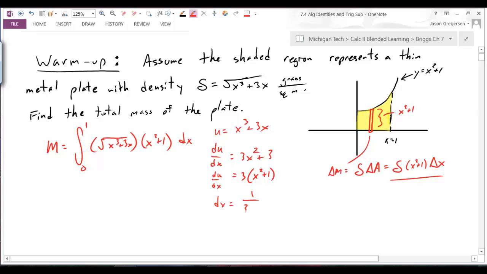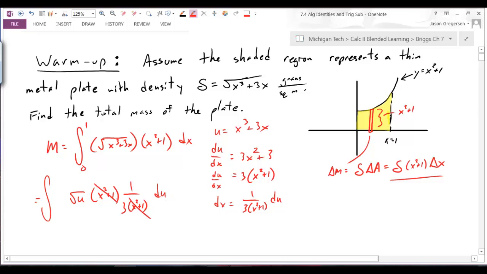I'll get 1 over 3 times x squared plus 1 times du. And I'm plugging all that into my integral. It's going to be the square root of u times x squared plus 1 times 1 over 3 times x squared plus 1 du.